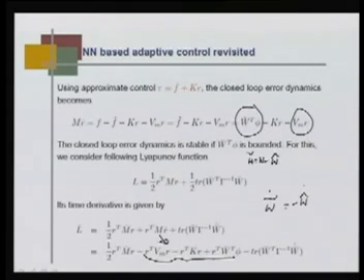But because of the skew symmetric property, the first quantity is 0. And so, finally, L dot is minus r transpose k r and these two terms.